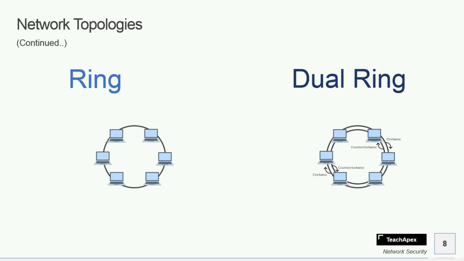All right. Then we have dual ring topology. You can see we are using double cables here. In ring topology, we are using a single cable, or you can say one-way communication, which can be clockwise or anti-clockwise. But in dual ring topology, we are using dual cables. That's why it's called dual ring.